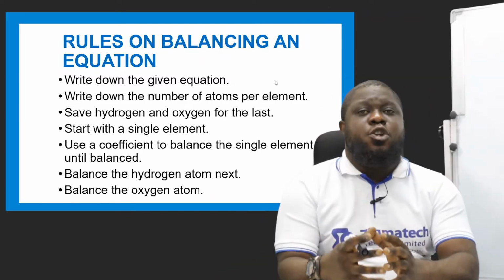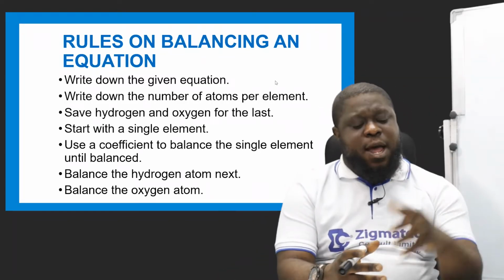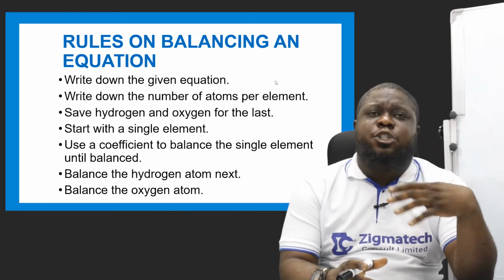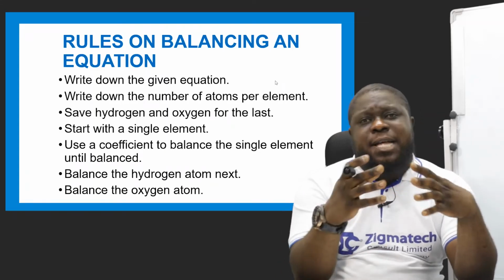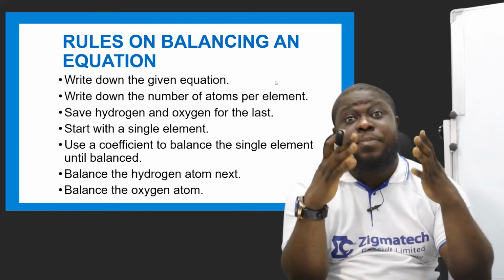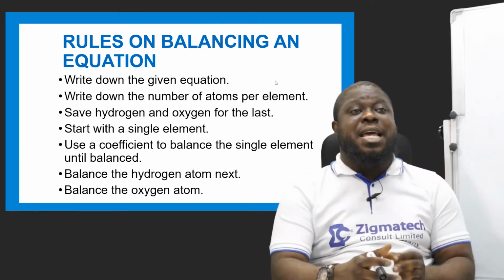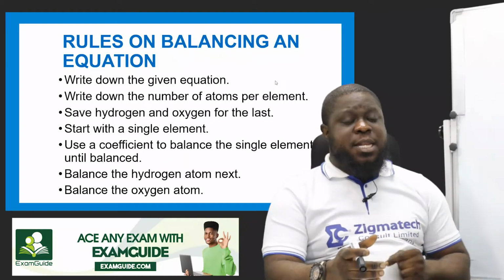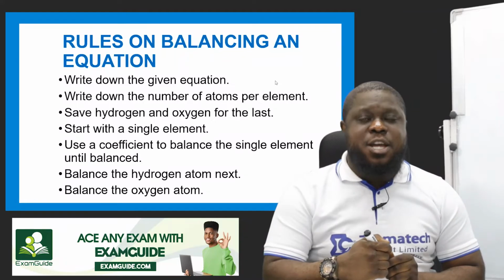Now, you know the rules of balancing an equation. Now, we are going to take an equation to balance. Since the rules have been laid out, we'll follow them. The first one says write down the given equation.